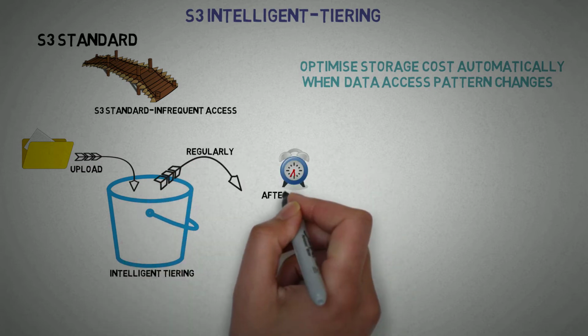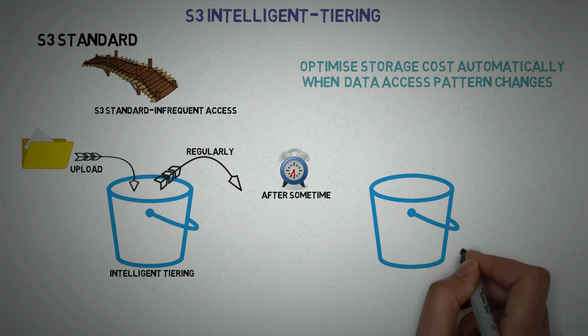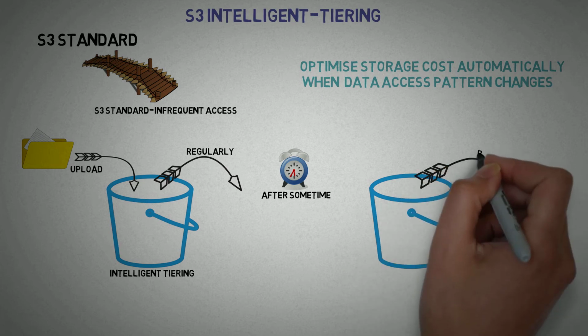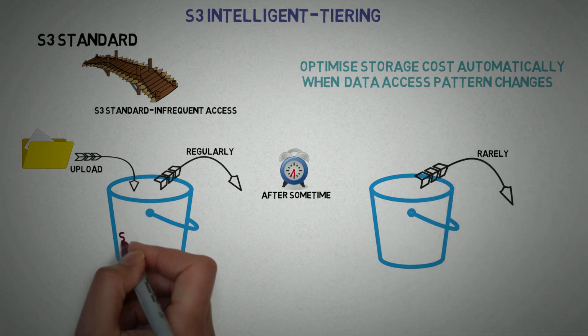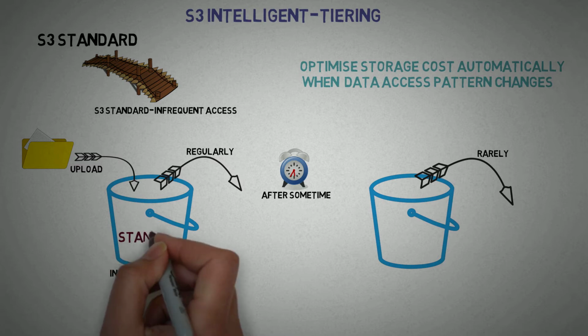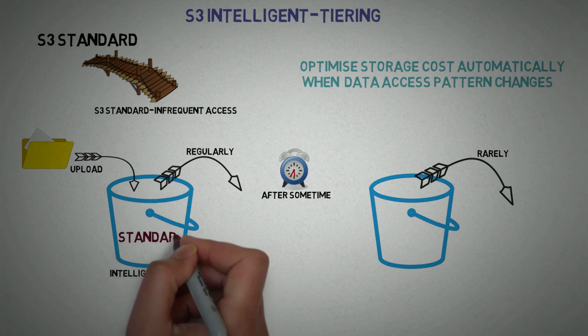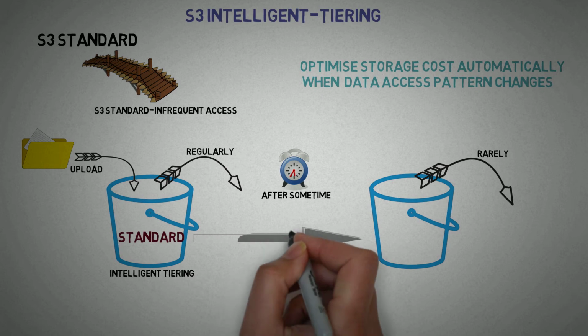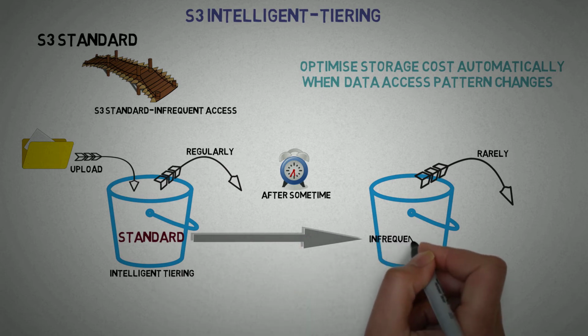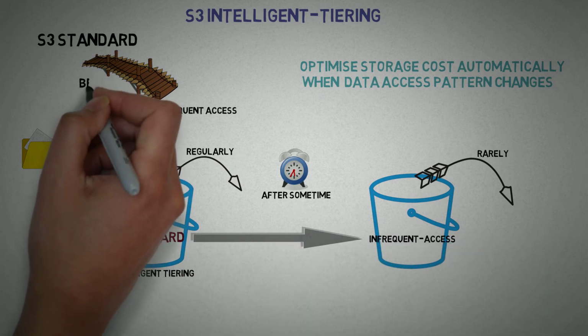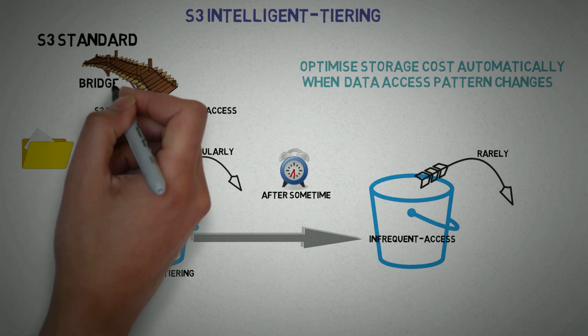But after some time, your access pattern changed and now you are using that data very rarely. In that case, according to its usage, S3 Intelligent Tiering automatically moves the data to S3 Standard Infrequent Access to save some storage cost. And that's why it is a bridge between S3 Standard and S3 Standard Infrequent Access.